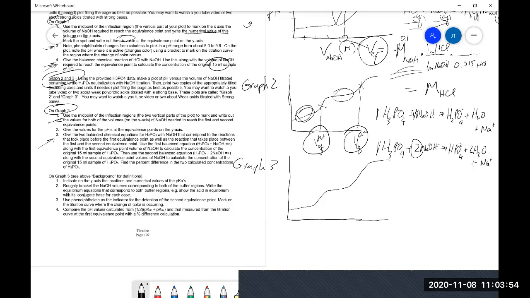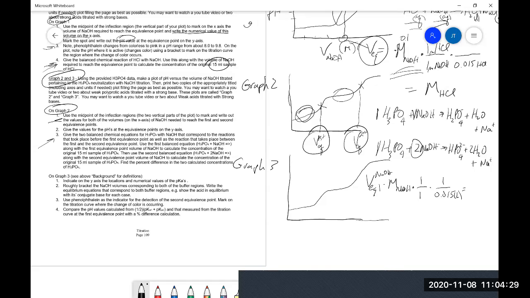I'm going to take those volumes of the NaOH at equivalence point 1 times the molarity of NaOH. That's going to give me the moles of NaOH. It's a 1-to-1 ratio to H3PO4. That gives me moles of H3PO4, and I just divide that by 0.015 liters. And that's going to be fine for that.